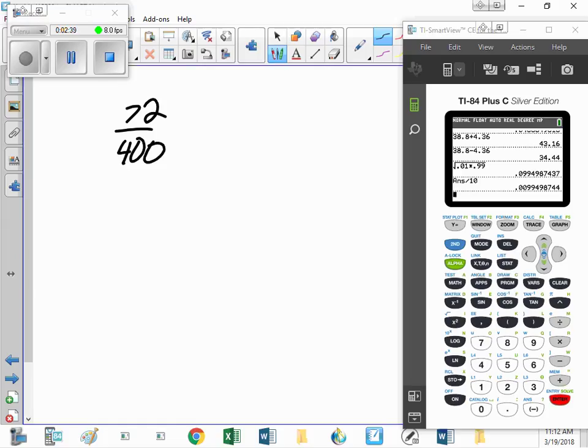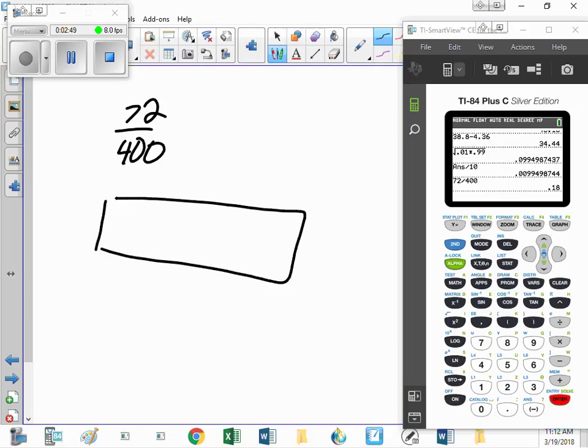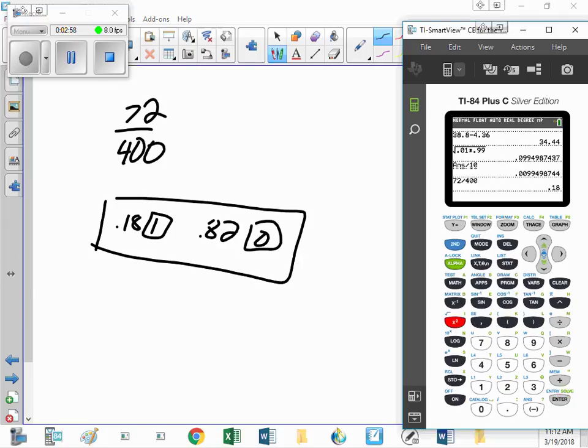All right. So 72 divided by 400 is 0.18. So in my box, I have 0.18 ones and 0.82 zeros. Now I find the SD, square root of 0.18 times 0.82.